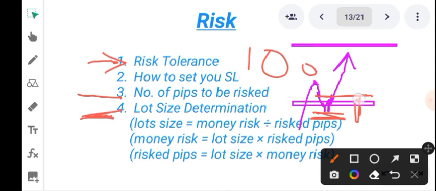Assuming the distance from your entry to your stop loss is about, let's say, 20 pips. Let's say 20 pips, and you want to risk only $10.